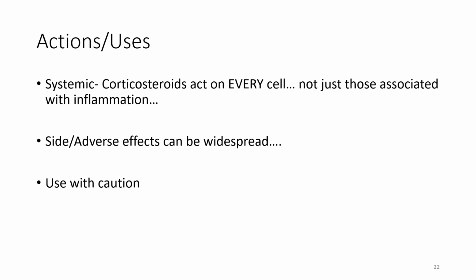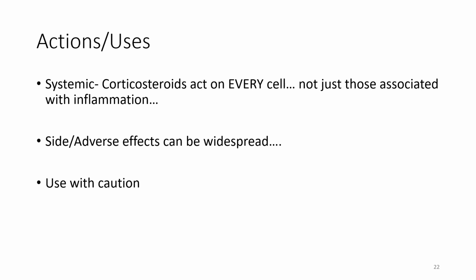Now, we use those with caution, and I've talked about why we use them with caution. We talked about the diabetics, your immunocompromised, those types of things. So with the systemics, typically corticosteroids are given for either some type of allergic reaction, or, in chapter 11, I talked about using them for acute injuries like brain injuries, decreasing that inflammation so it decreases the swelling to prevent further brain damage.